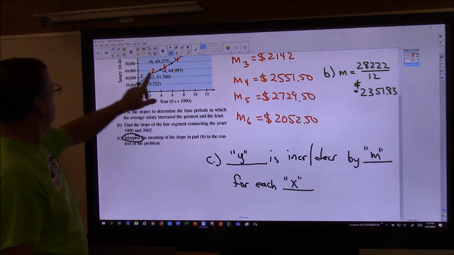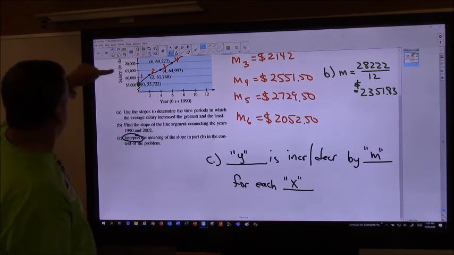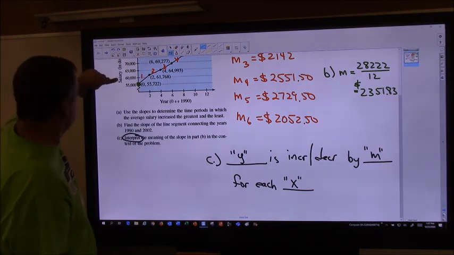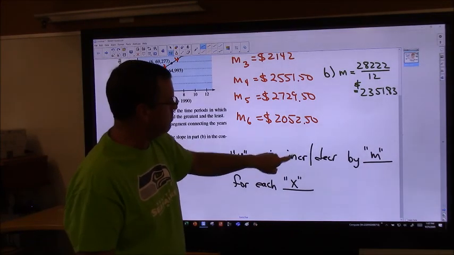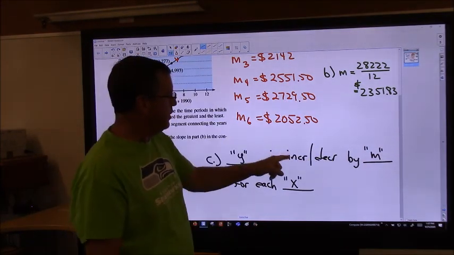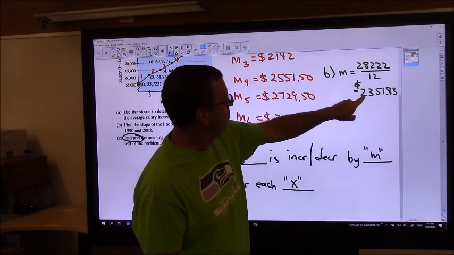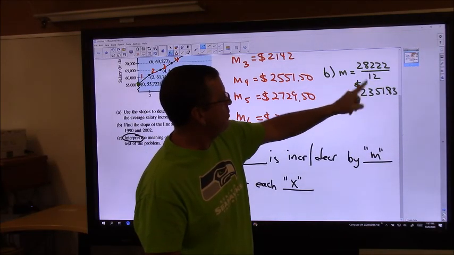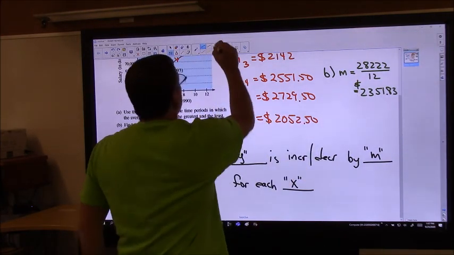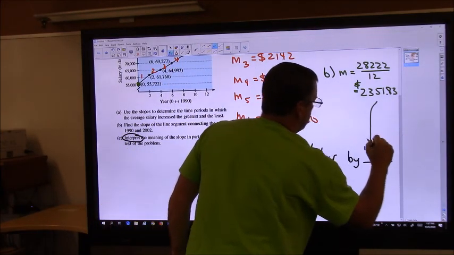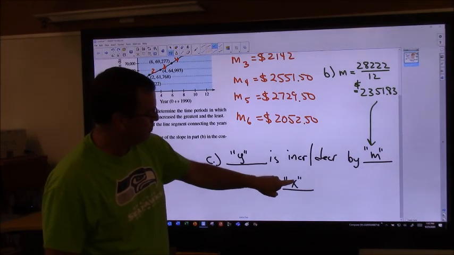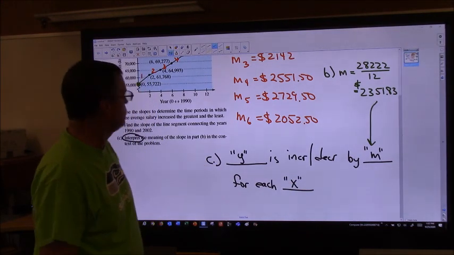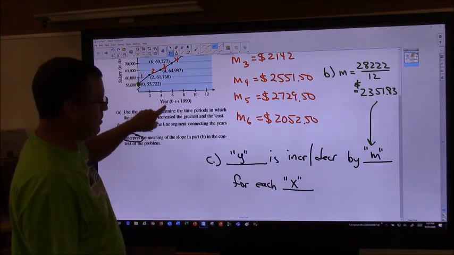So if I go back up to this graph, the y value refers to the principal's salary. So the principal's salary is increasing, because it's positive, increasing by $2,351.83. So this number right here is just going to get written into that spot, whatever the slope is, for each whatever x represents. Well, let's see, x is the time in years.